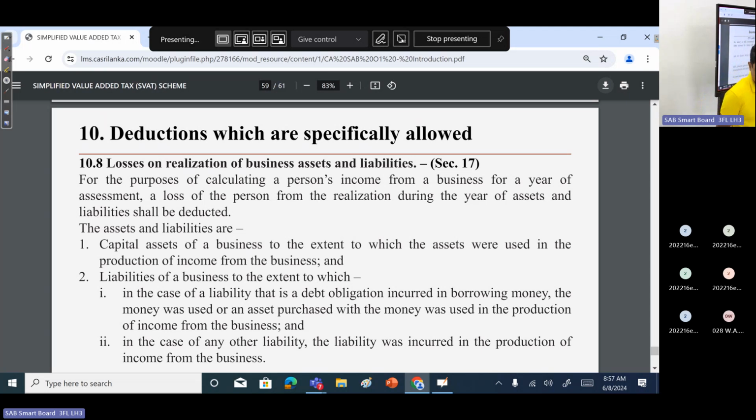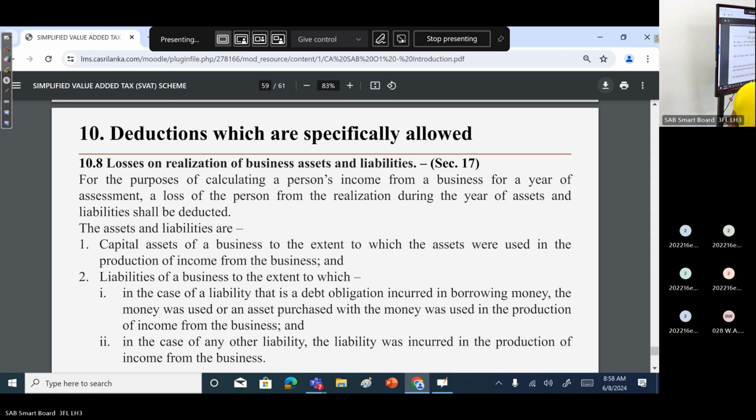For example, losses on the settlement of a liability. Say we have obtained a banking facility, right? At early settlement we have to pay an additional cost. Let's say 1%, we have to pay an additional 1% for early settlement. Or sometimes if there is a delay, you have to pay an additional amount. That type of cost is a loss that can be deducted.